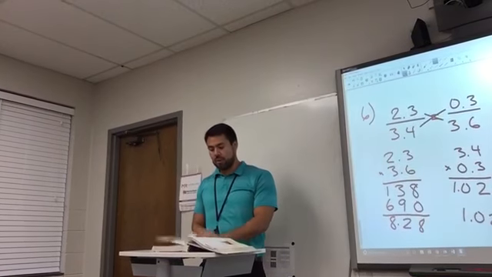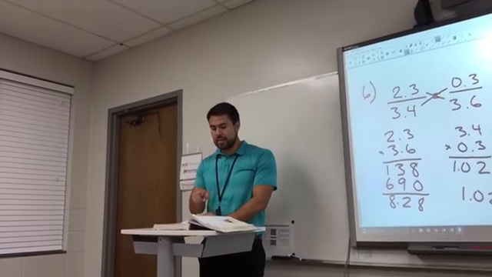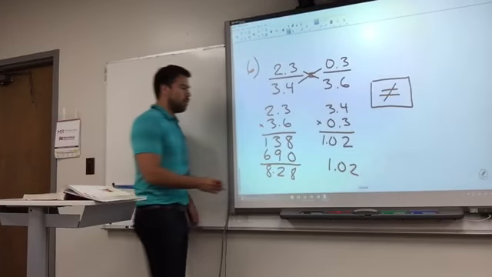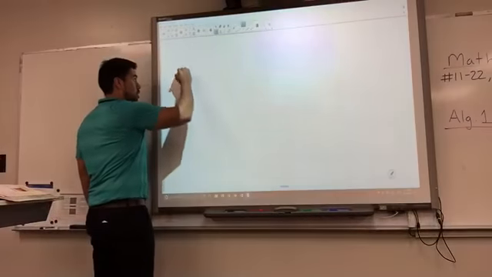Okay, let's go to the second part. I'm going to try to get to the last part in a little bit. But anyway, example 4. What does it say to do on example number 4?